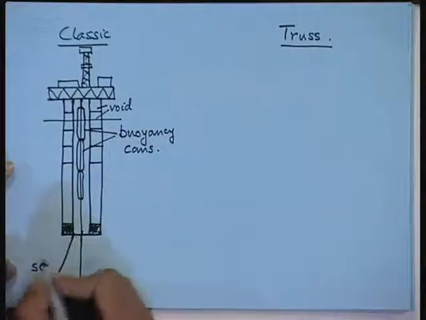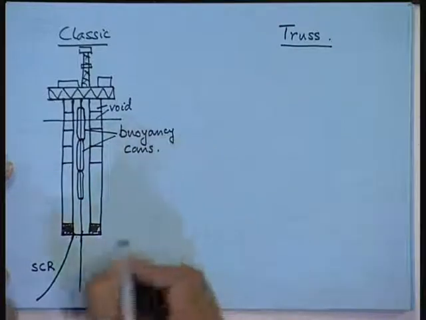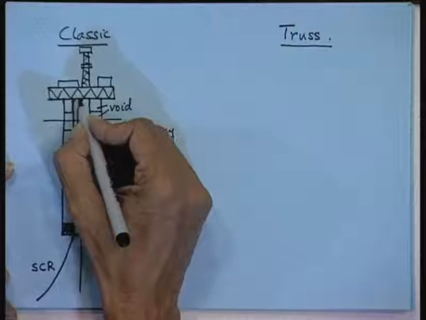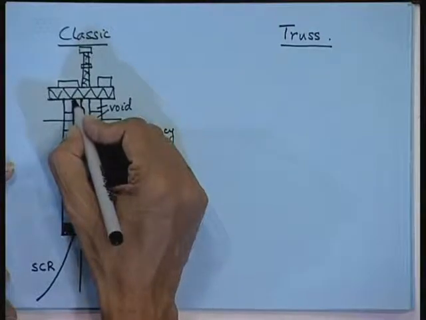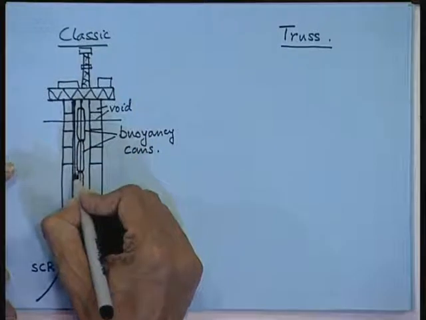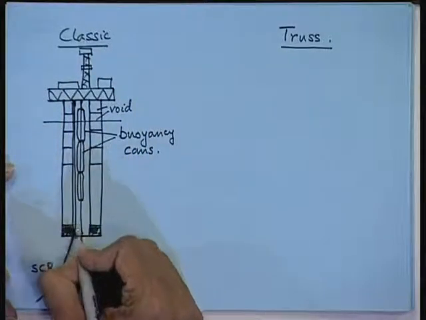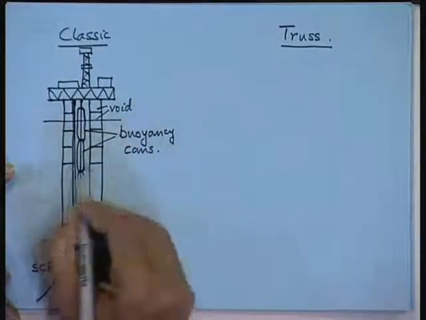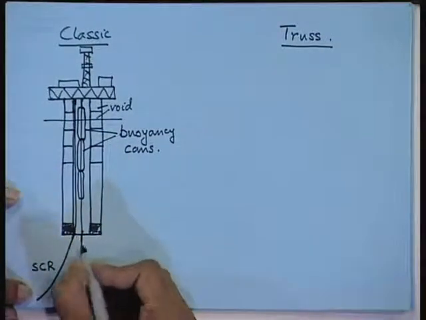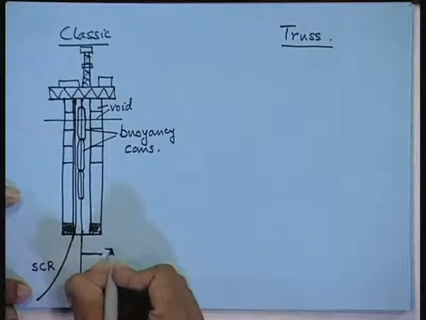Oh, sorry, this is a riser. So, this is a steel catenary riser and this is another riser. So, here it has two risers. This riser has support from the side shell of the well, and this is called the top tension riser.